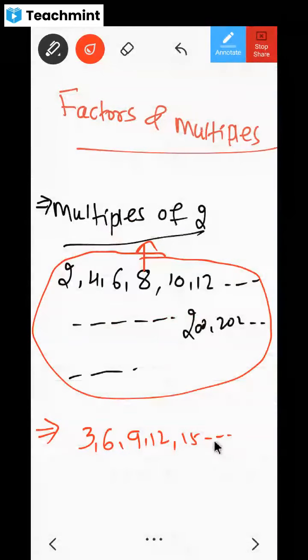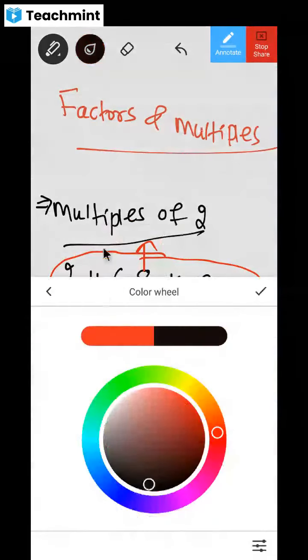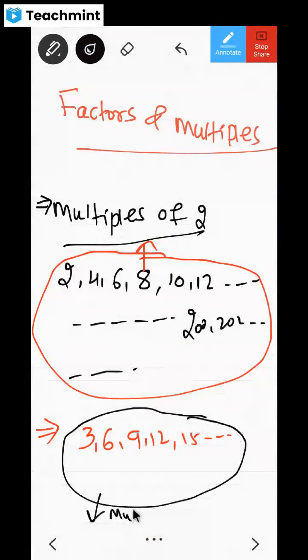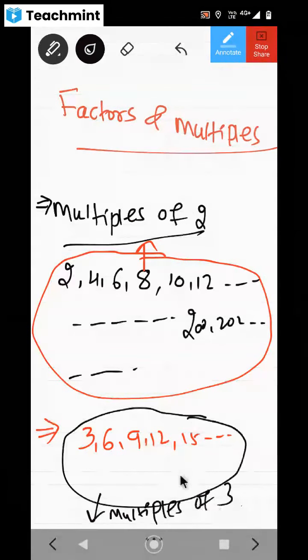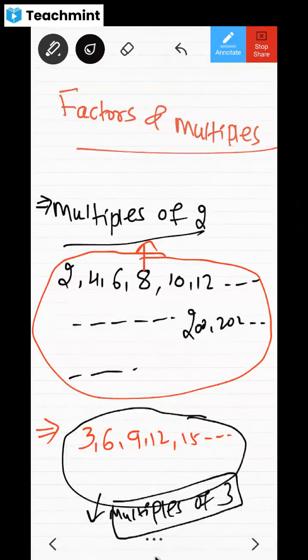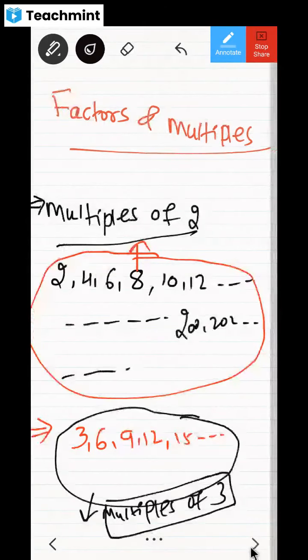So all these things I have written here are called multiples of 3. I think you understood what multiples mean. Multiples basically means tables.